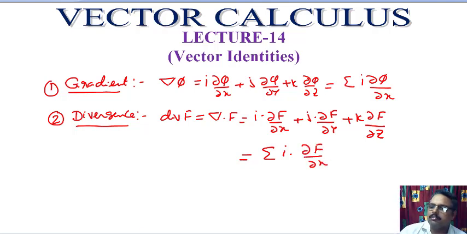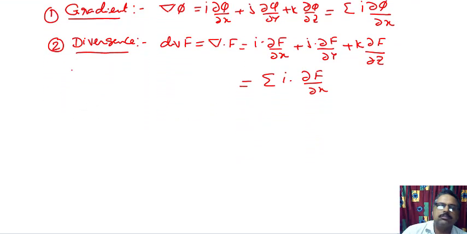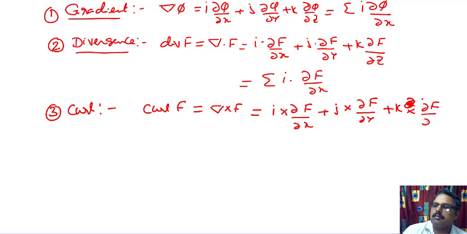Now the third definition, we recall the third definition. Curl. What is curl? Curl of f equals del cross f equals i cross dou f by dou x plus j cross dou f by dou y plus k cross dou f by dou z.